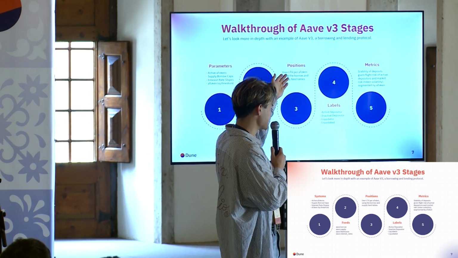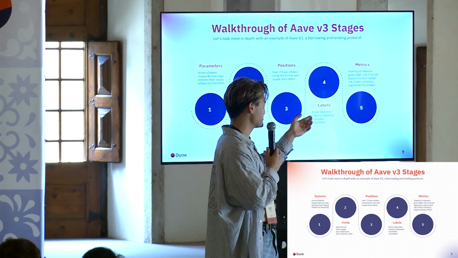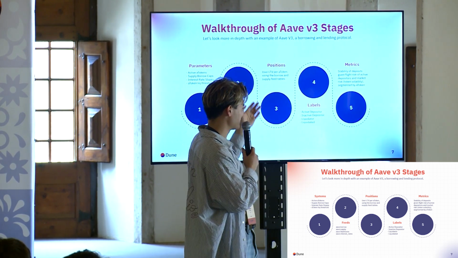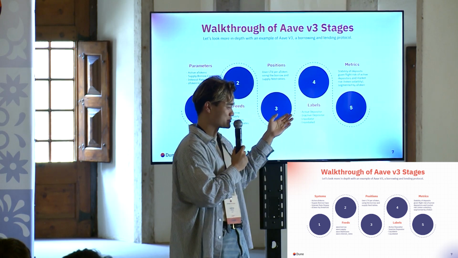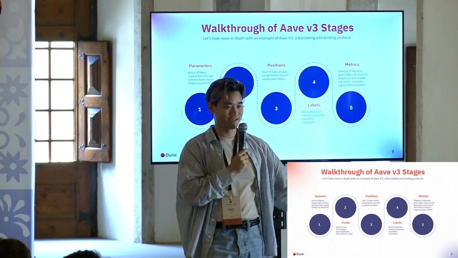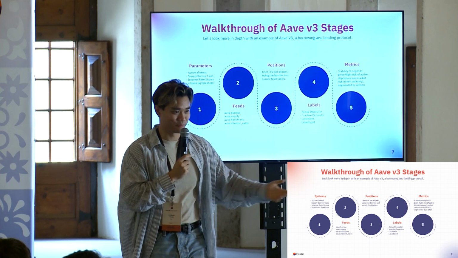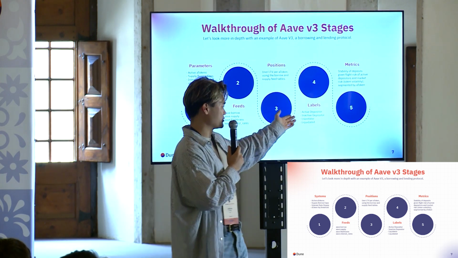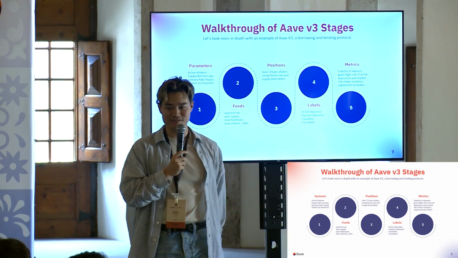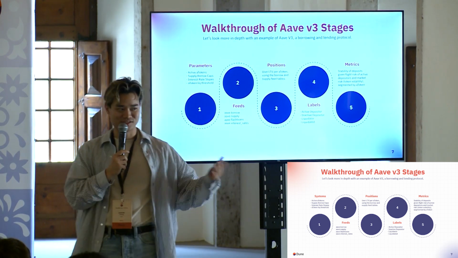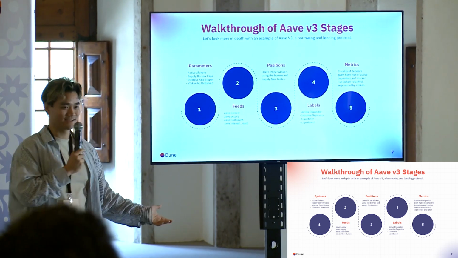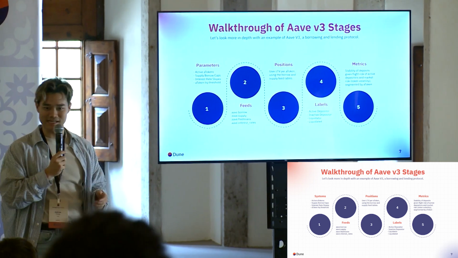Now that you have positions, then you get labels, right? So you would want to label these users as potentially active depositors, so users who are depositing and then lending or taking out maybe multiple times a week, versus inactive depositors, someone who puts in like 3,000 USDC and then just keeps it there for months, even as prices move up and down.